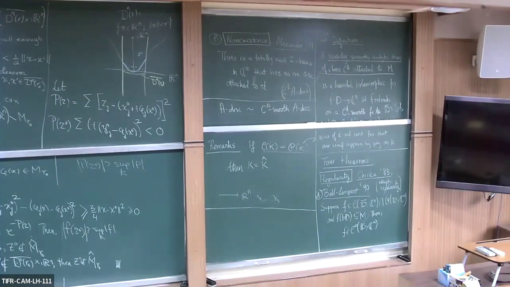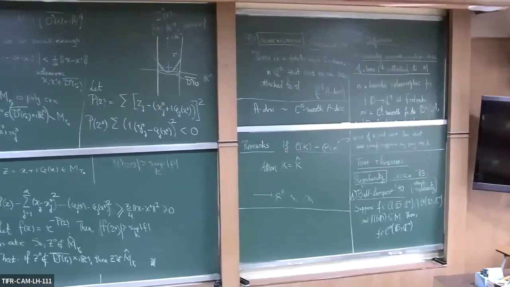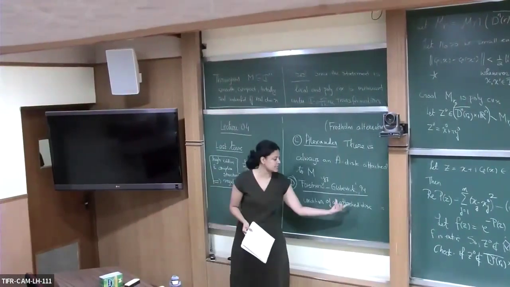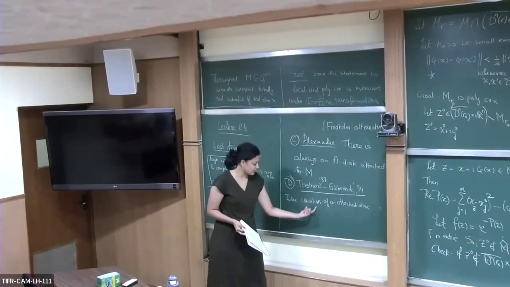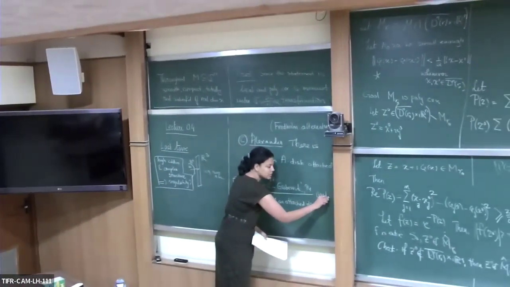So a fully attached disk, not an A disk. Suppose you already have an attached disk. Somehow, for some reason, let's say you're on a Lagrangian submanifold, or for some reason you can already see one attached disk. Then there is a condition, and this condition involves some sort of winding numbers. Hopefully I'll be able to tell you what these are.